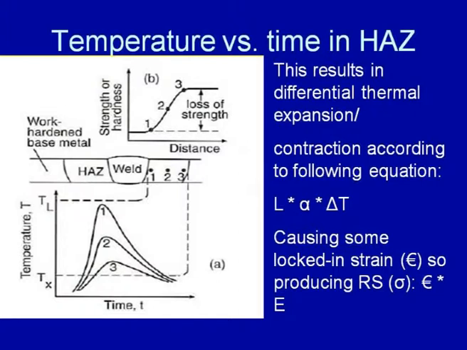If this expansion and contraction during welding were freely allowed, there would not be any residual stresses, but in actual practice, since the heating and cooling take place in a very localized manner during welding, there is always some locked-in strain left in the weld joint. This locked-in strain multiplied by the modulus of elasticity can be used to obtain the residual stress magnitude developed at a particular location.